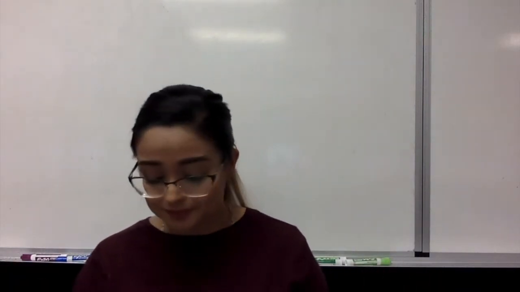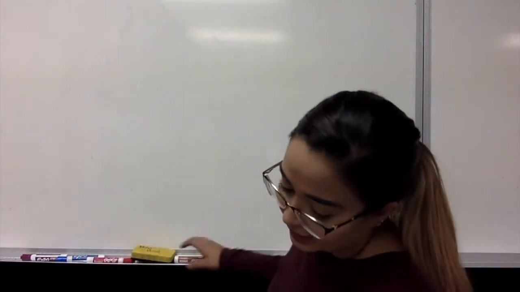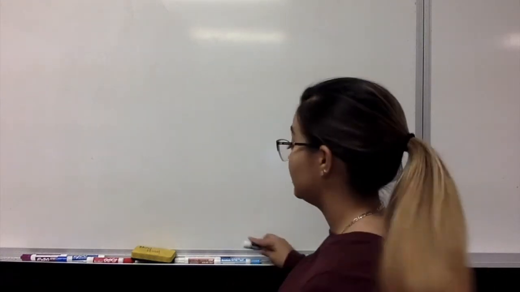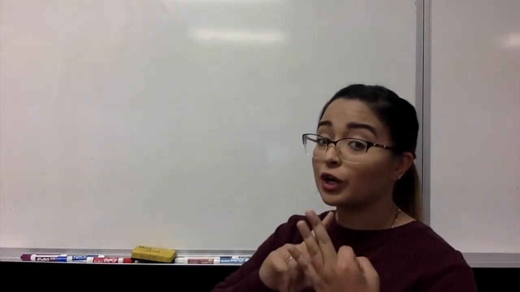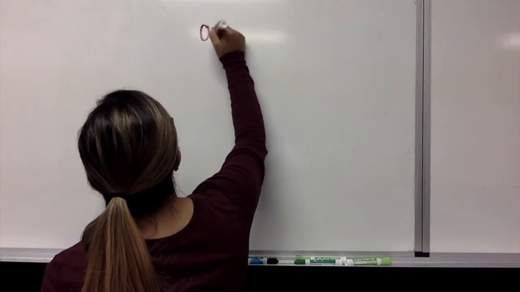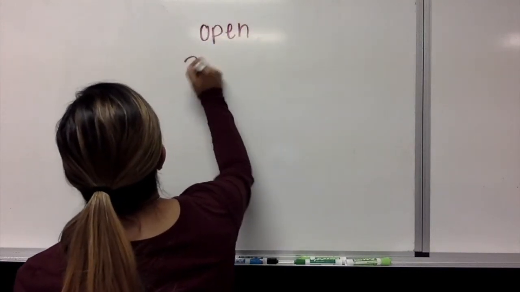We also learned how to solve for the variable in the equation, which was like so. We learned to name them true, false, or open. Remember, if it's open, it is because it has a variable.